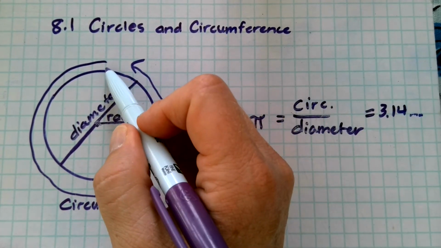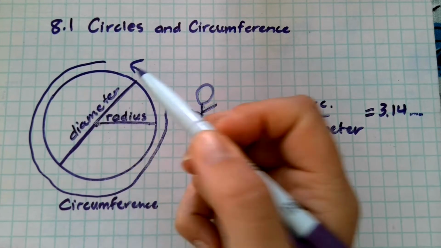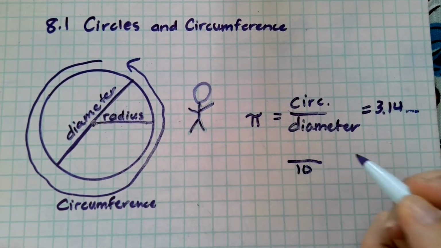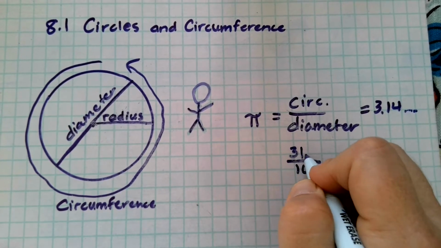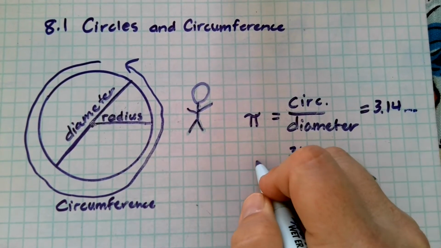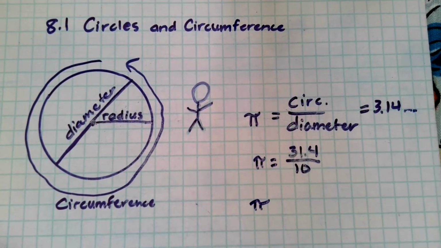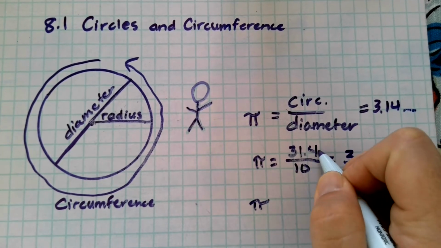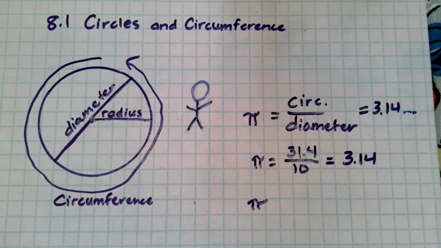So if we were to stretch this out and measure around, and let's say the diameter was 10, we would know the circumference would be 31.4 for this circle. And you could build that out for any circle. And in simplest form, if you took 31.4 divided by 10, it's always going to be 3.14 for any circle, which is pretty cool.